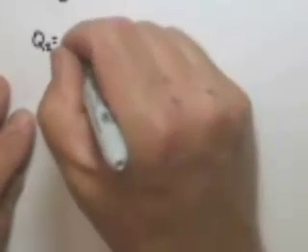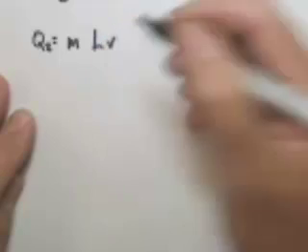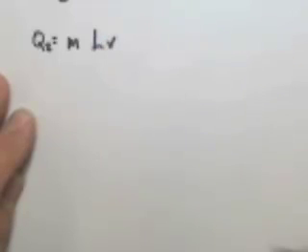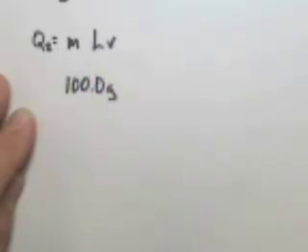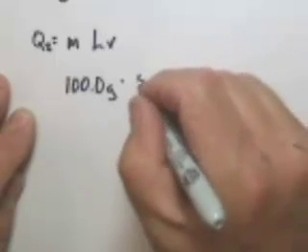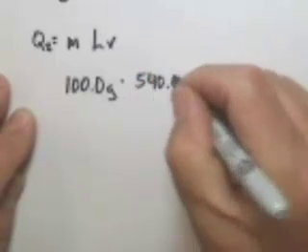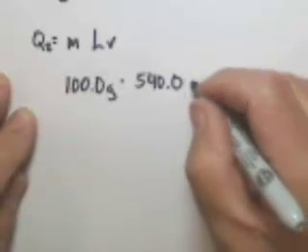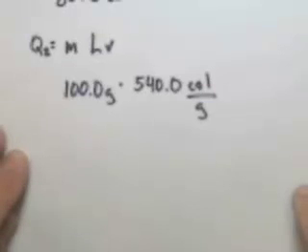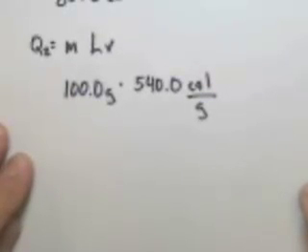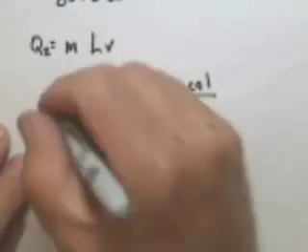Q2 is going to be the phase change part. Mass times the latent heat of vaporization. The mass hasn't changed. You still have 100 grams, and we're multiplying that times the latent heat of vaporization, and the substance is water. According to your textbook, 540 calories per gram is the amount of energy required to change the phase of water from a liquid to a gas.